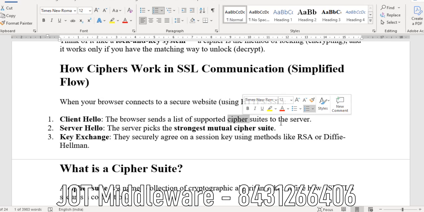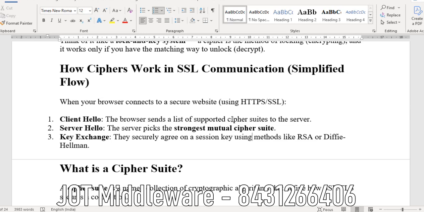So based on the operating system and based on the browser version, the cipher suites will be sent to the server. Why is it sent? Because the server has to agree upon which cipher the client supports for further SSL communication.